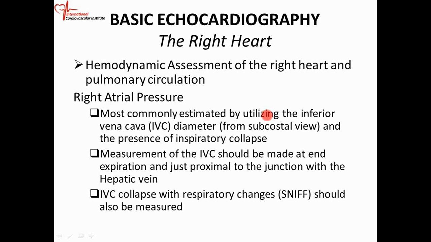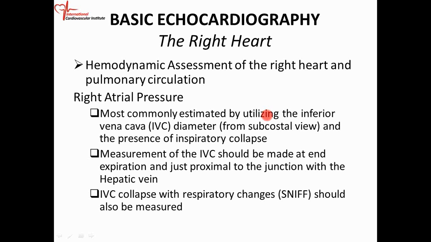Most commonly, it is estimated by utilizing the inferior vena cava diameter from the subcostal view and the presence of inspiratory collapse. It's difficult to see this with your two-dimensional echo, so what I strongly advise you to do is do an M mode across the IVC, and you can see clearly if it's collapsing.